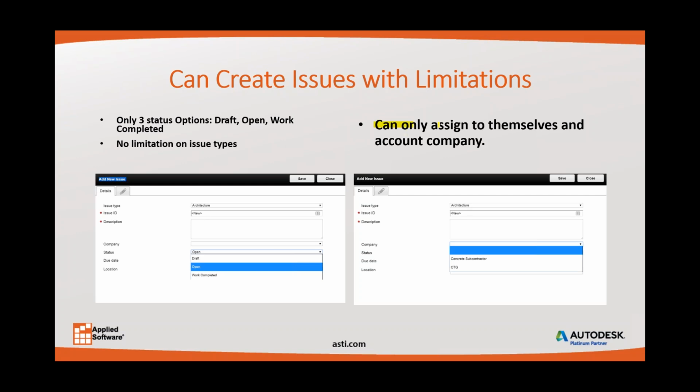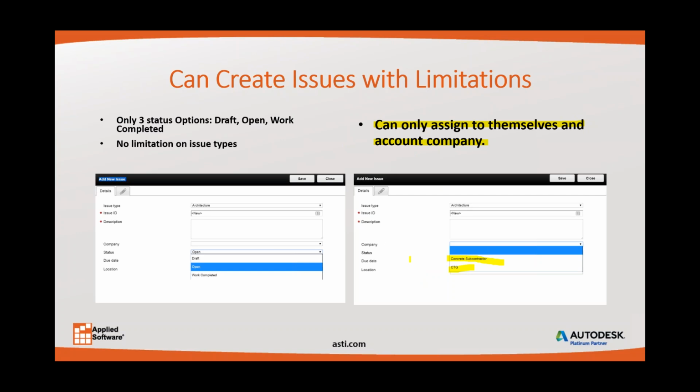But the key here is this one right here, which is they can only assign to themselves and an account company. If you look here, I have a lot more companies within this project, but CTG is the account company, and the concrete company is the subcontractor. They can only assign it to themselves or the account company.